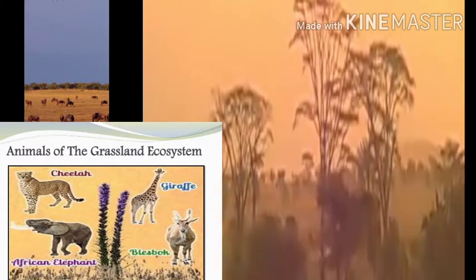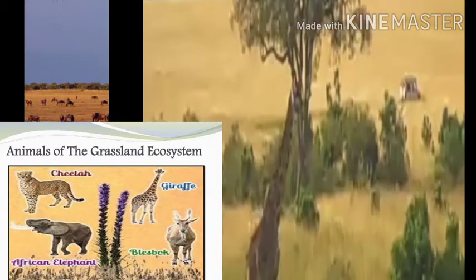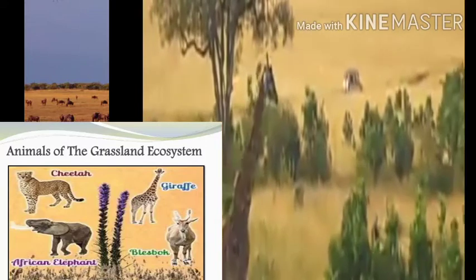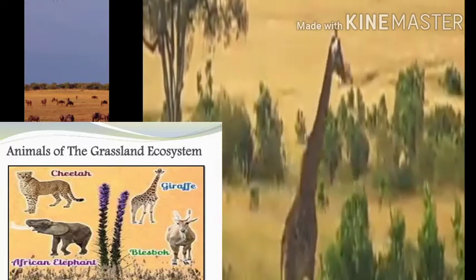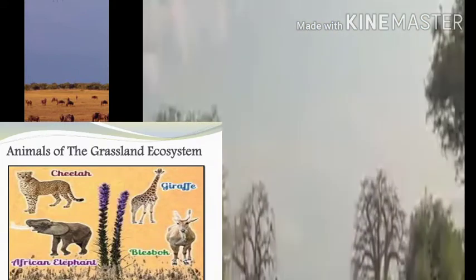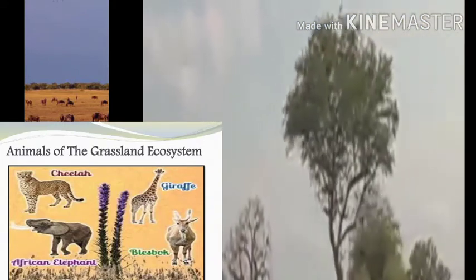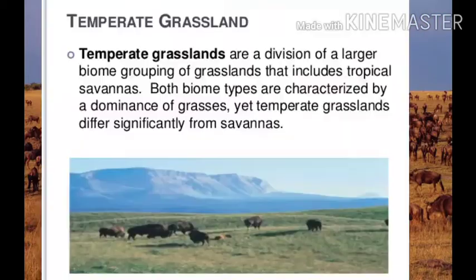The kangaroo and emu are the common wildlife in Australian grasslands. Students, the vultures, weavers, and roosters are the common bird species in these grasslands. And we can say the land bird ostrich is also found here.